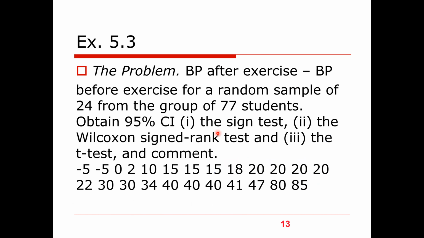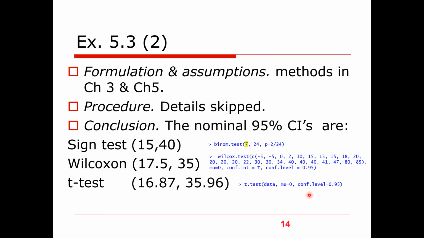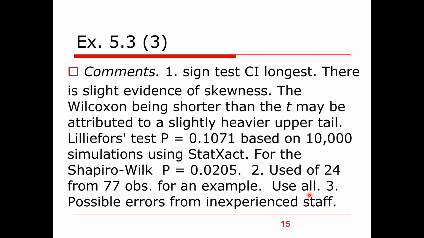Let's say it starts from -5, -5, and then increases every time by 2 or 8 or 5, everything's normal. But suddenly we have an 80 and 85 in the upper tail, which is a really big step, a really big leap versus all the other items. So this is slightly skewed, which means it has a longer upper tail.